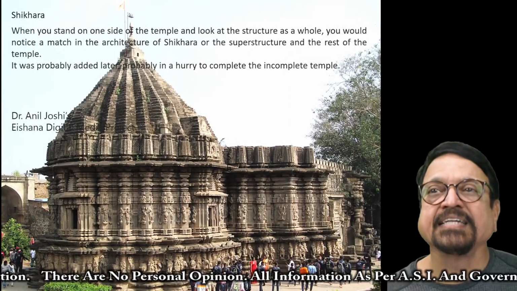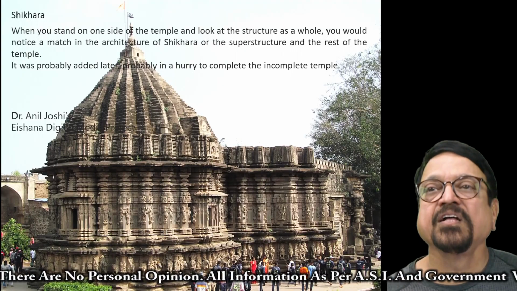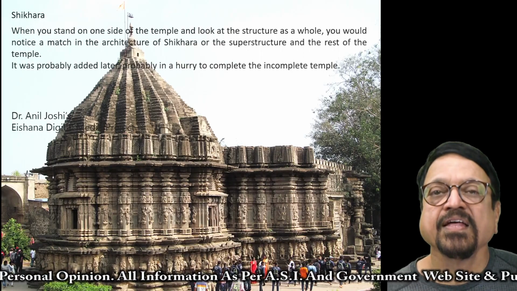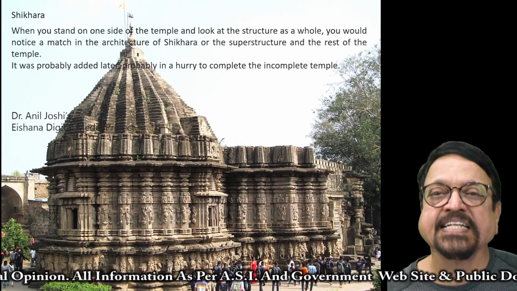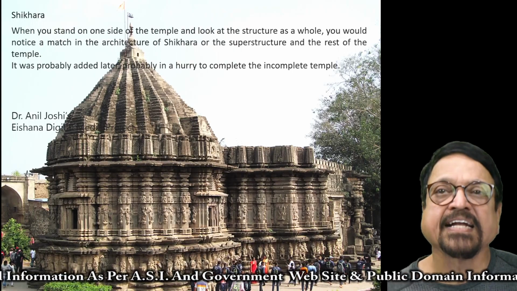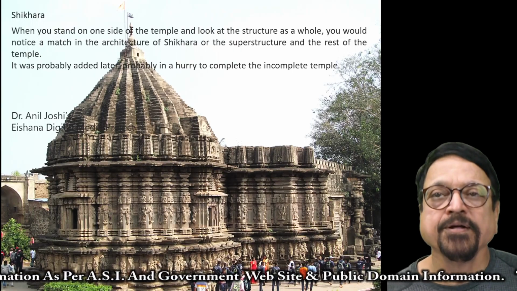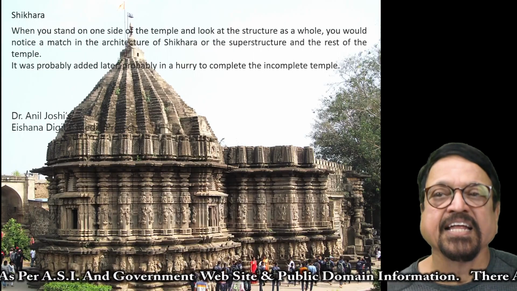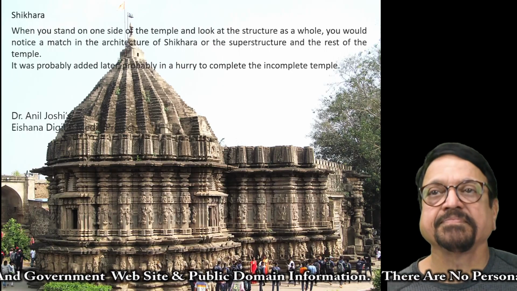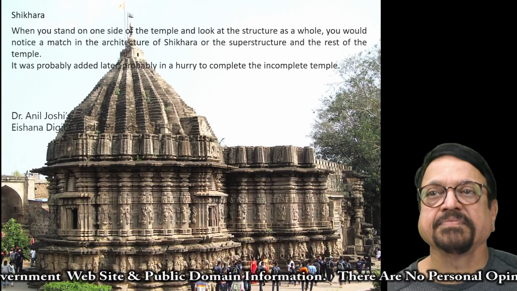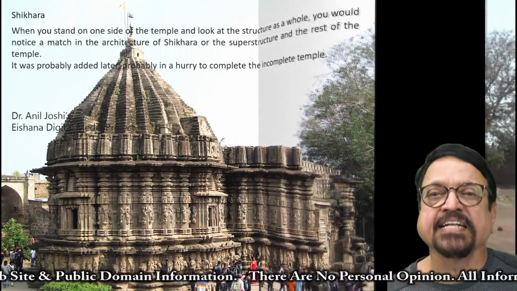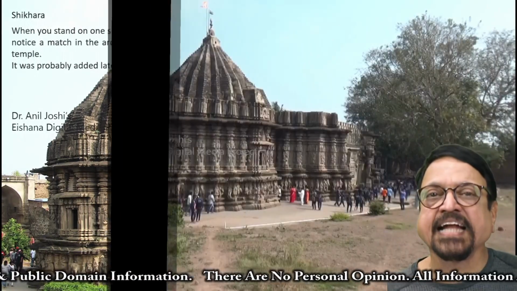Now these are the examples. Now look at the shikharas. In whichever way we have seen the description, you will find the temples in the same way. If you draw a line right from the top, it will come in a straight line. It is true that this is in two stages, and a certain part was added later on.